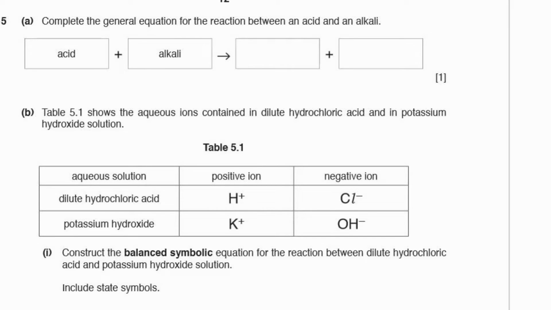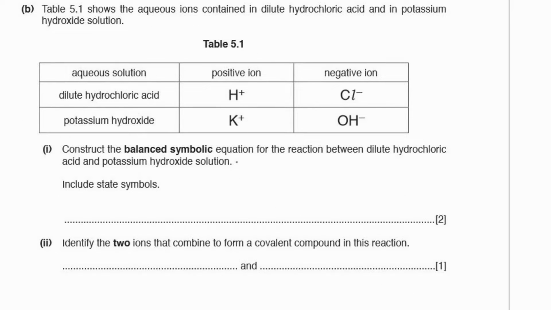5a. Complete the general equation for the reaction between an acid and an alkali. So an acid plus an alkali produces salt plus water, and water is neutral, so that's a neutralization reaction. B. Table 5.1 shows the aqueous ions contained in dilute hydrochloric acid and in potassium hydroxide solutions.